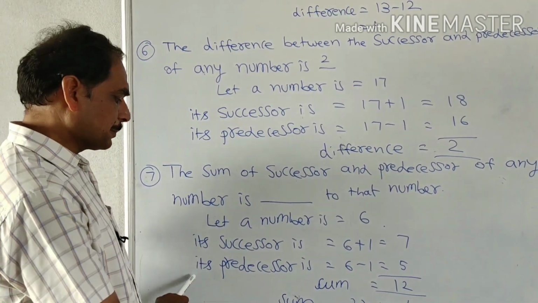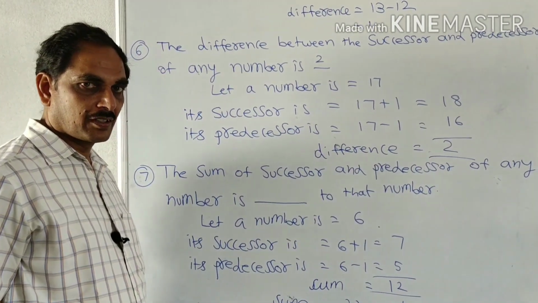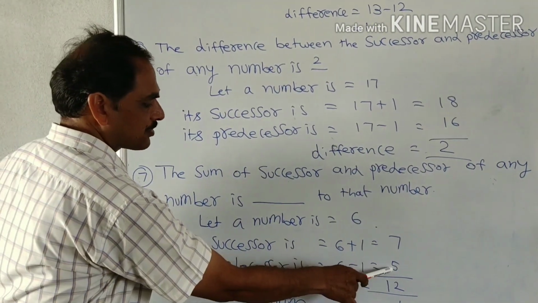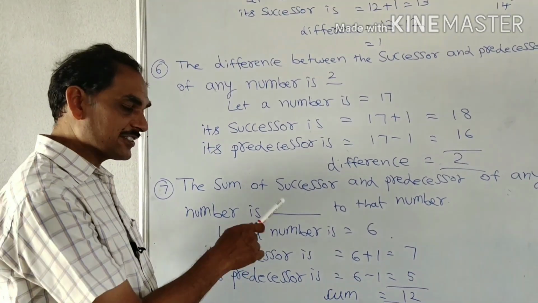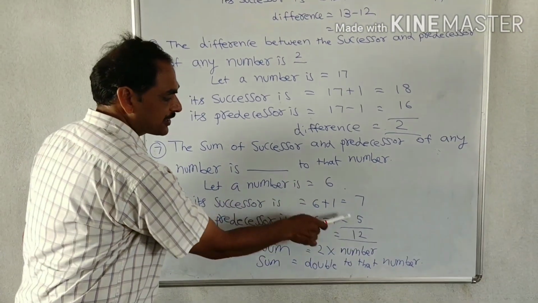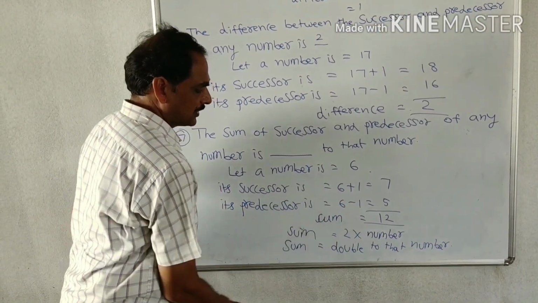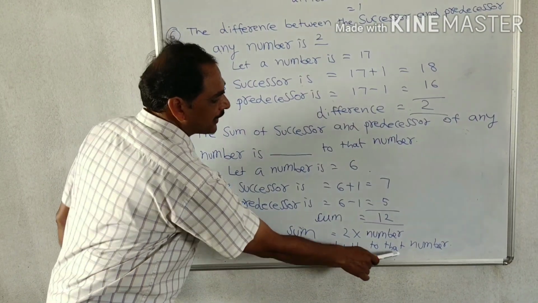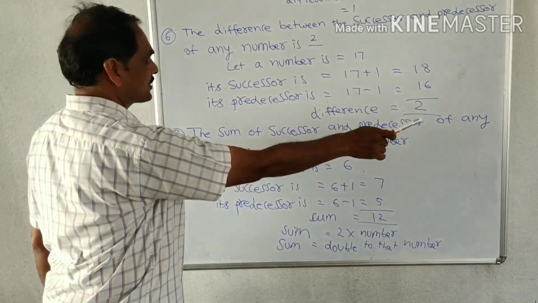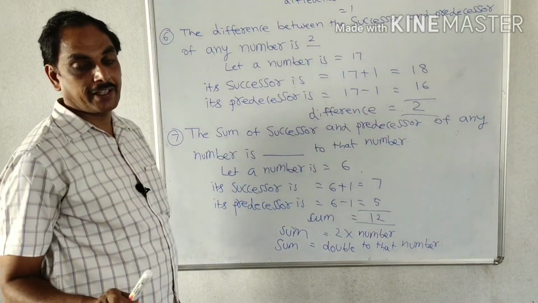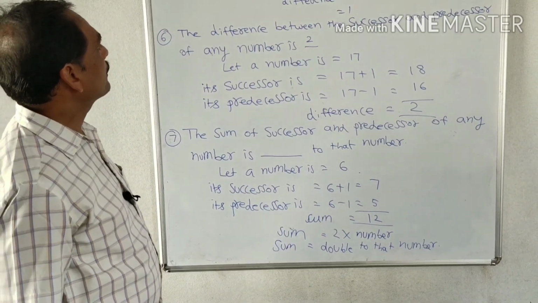Next, its predecessor is 6 minus 1, which is 5. Now 7 plus 5, the sum is equal to 12. The number is 6, and the relation between 6 and 12 is that we write 12 as 2 into the number. So the sum equals double the number. So the sum of the successor and predecessor of any number is always double the number. So these are the problems.